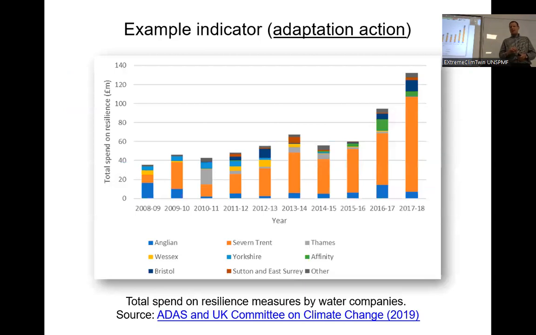And then another example is from the water industry, where here what we're looking at is the amount of investment in millions of pounds made by water companies in what we call resilience measures. So for a water company in the UK to be more resilient to drought and climate change, one option is to increase the number of connections or pipes, let's say, between sources of supply and points of demand. So we can move water around in the event that one source fails or is taken out by drought or a water quality issue.